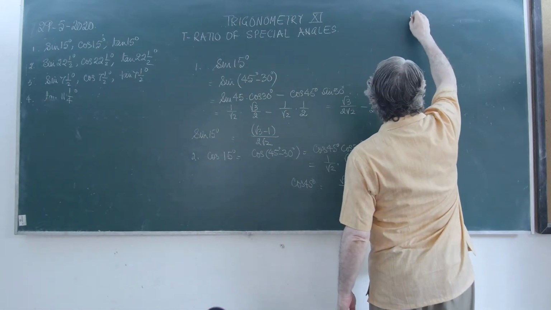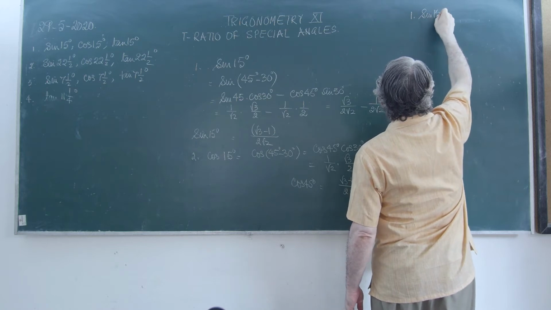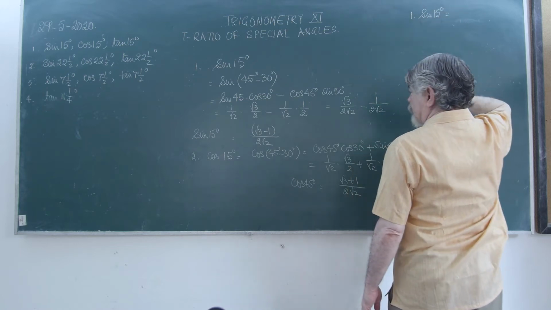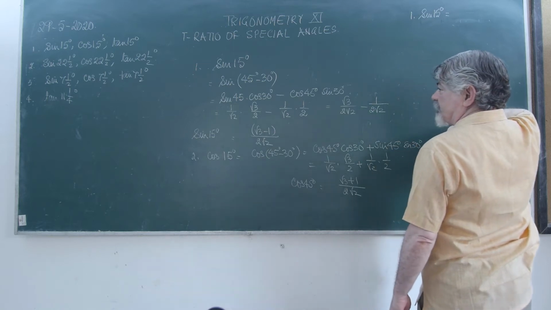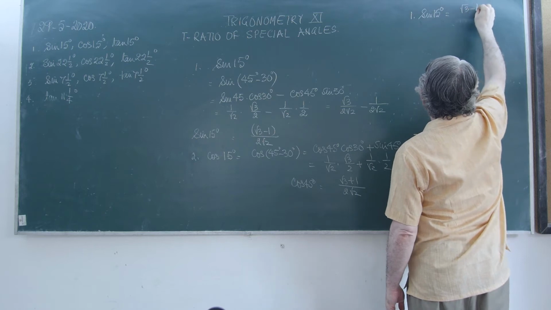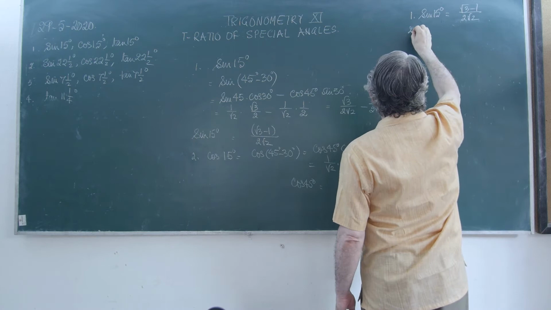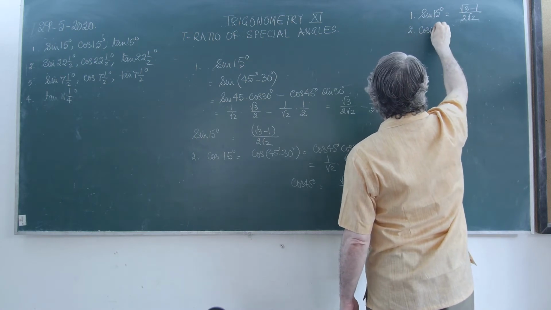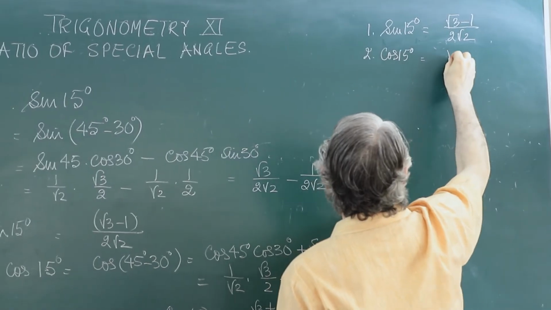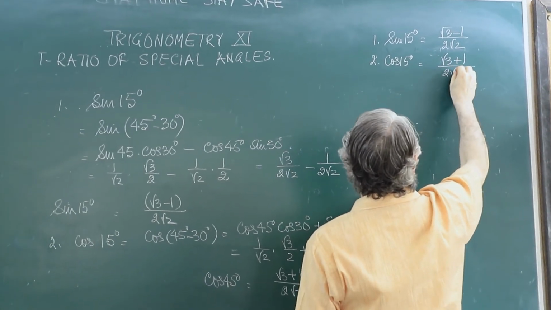So here I will write sin 15 is equal to root 3 minus 1 upon 2 root 2. You must remember these values. Cos 15 would be root 3 plus 1 upon 2 root 2.